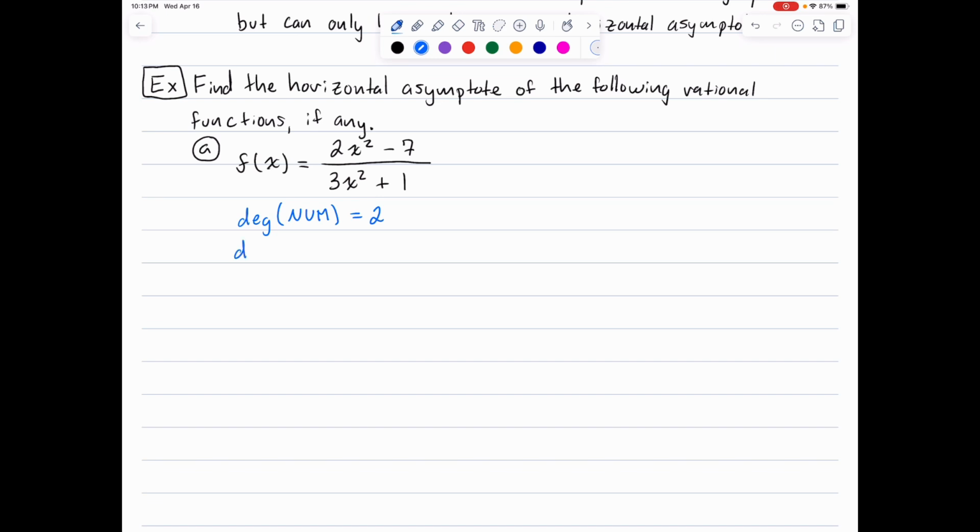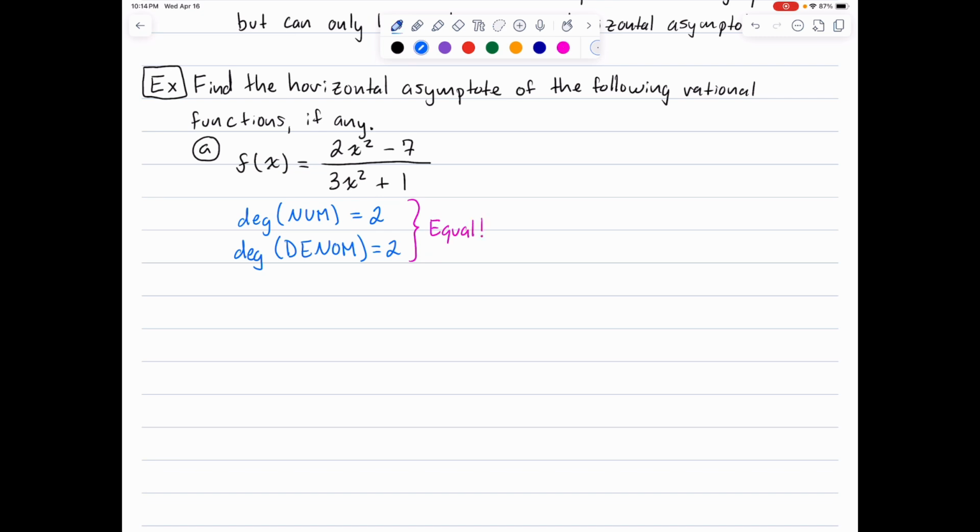Next, we want the degree of our denominator. If I look at my leading term, I can see that my degree is also 2. So that means these are the same. They're equal.